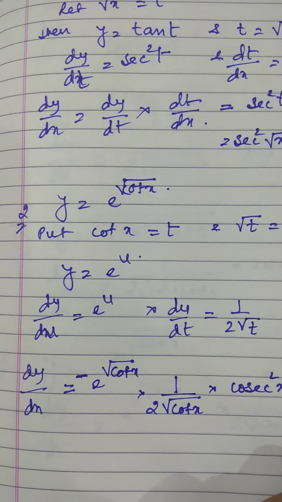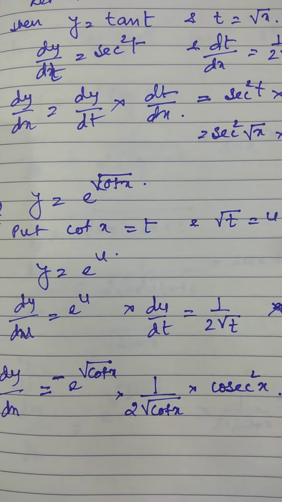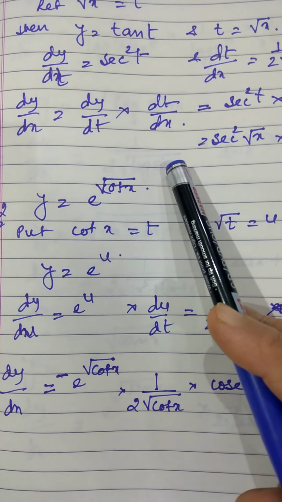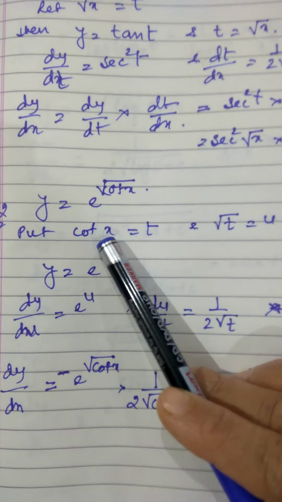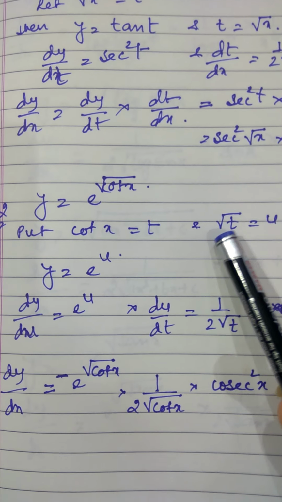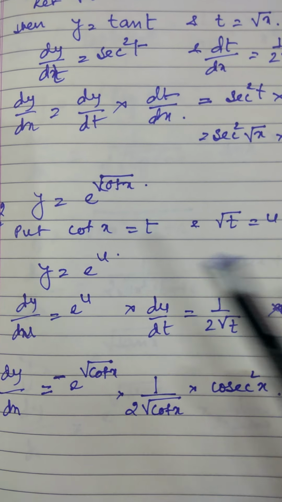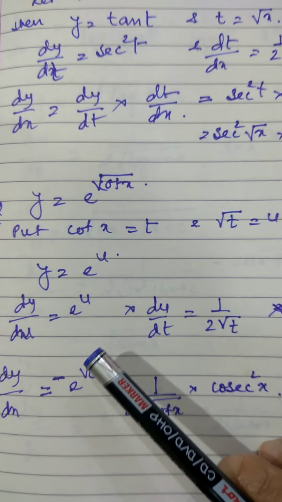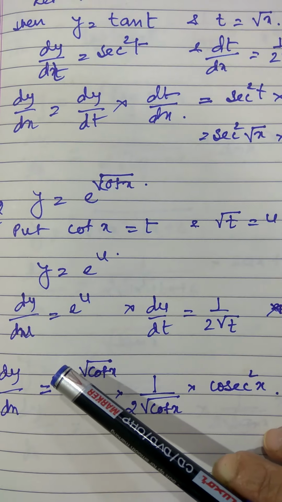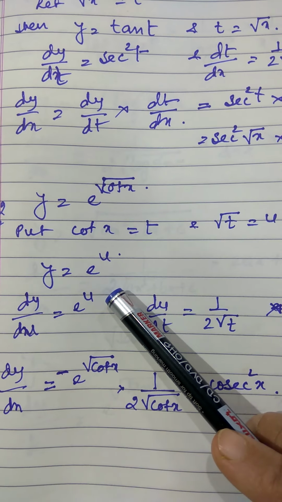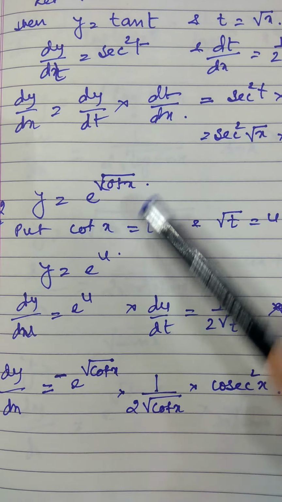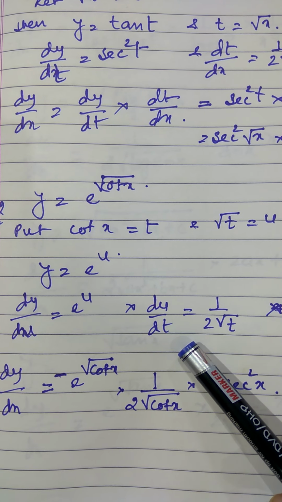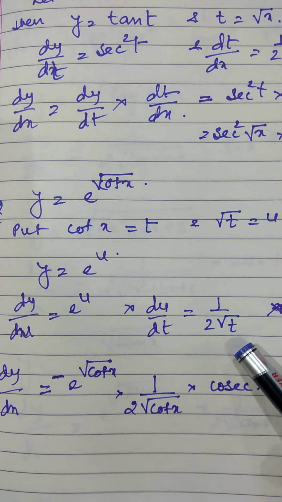Let's take another one. y is equal to e raised to the power root cot x. So put cot x equal to t and root t equal to u. So this is e raised to the power u. Now dy by du is e raised to the power u, since the derivative of e raised to the power u is e raised to the power u. And du by dt is 1 upon 2 root t.